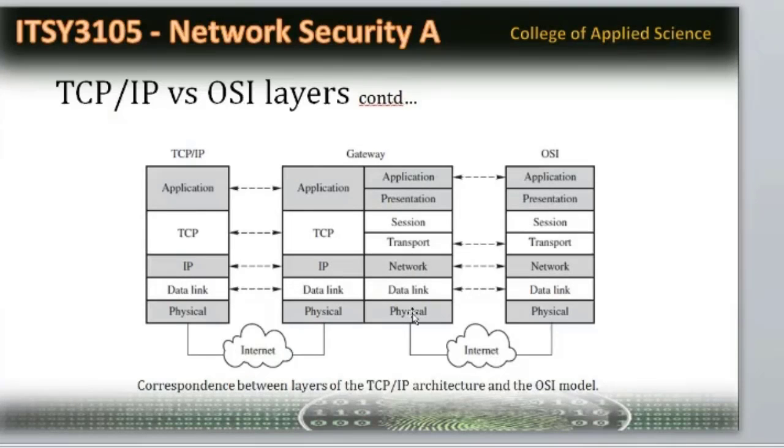The first layer is the physical layer, the data link layer is the second layer, the third layer is the network layer, the fourth layer is the transport layer, and the fifth layer is the session layer, then presentation and application. There are 7 different layers available. This is fixed by a standards organization. What is the name of the standards organization? That is the ISO. They fixed it, so I'm going to follow it.